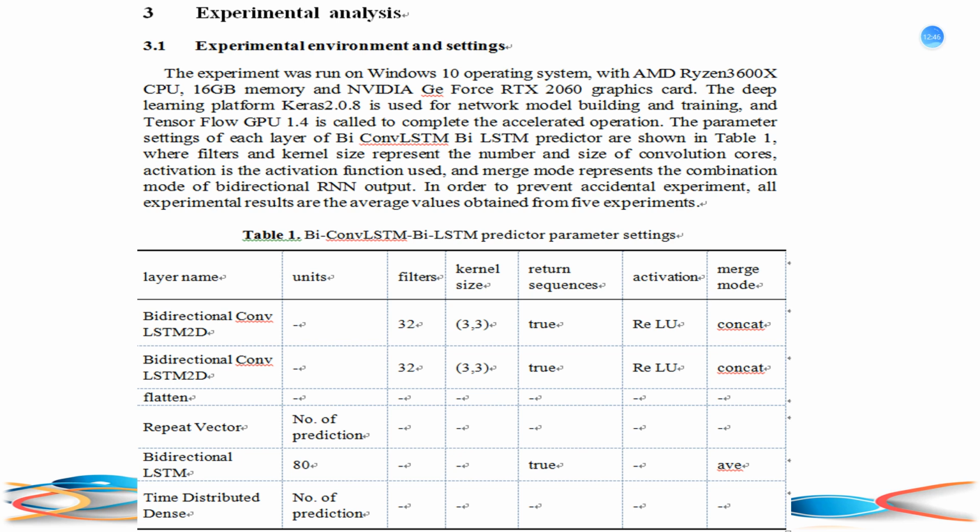Activation is the activation function used, and merge mode represents the combination mode of bidirectional RNN output. In order to prevent accidental experiment, all experimental results are the average value obtained from 5 experiments.